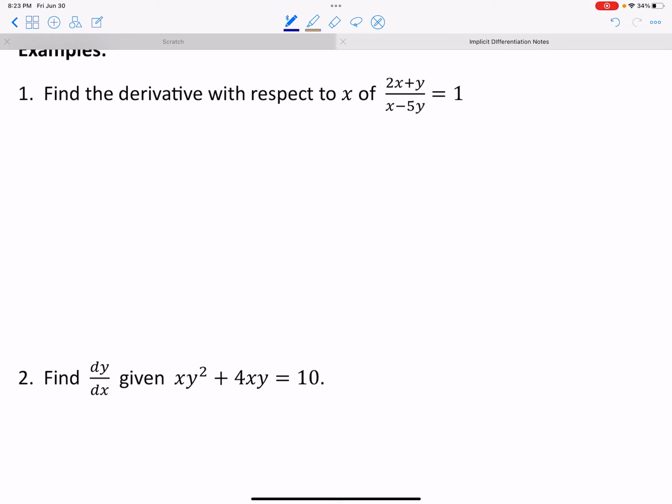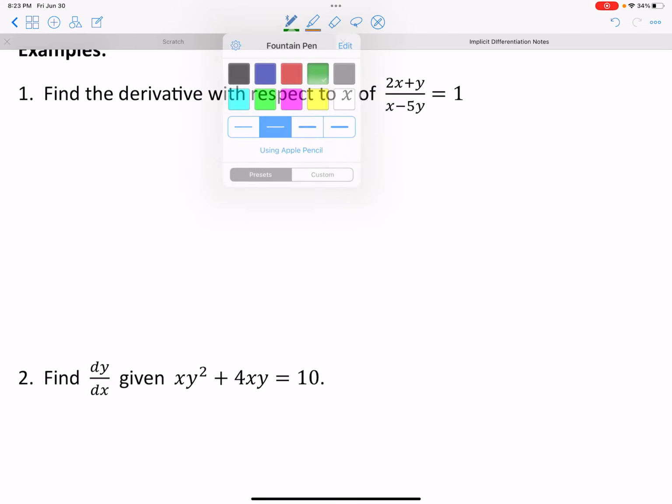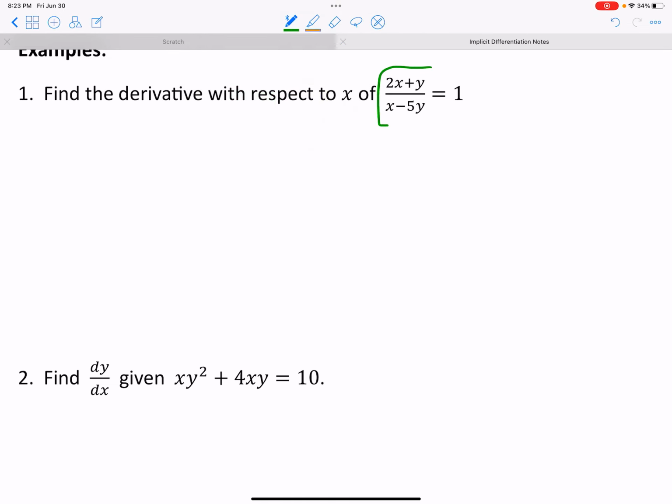If I want to find the derivative with respect to x of this function implicitly, that means I want to leave it in terms of two variables. Now, I know I just said let's not manipulate the function, but I could actually take one step here that would still leave us with an implicit function, but it would make our life a whole lot easier. If we wanted to differentiate this as is, I could absolutely use my quotient rule because I have one function divided by another.